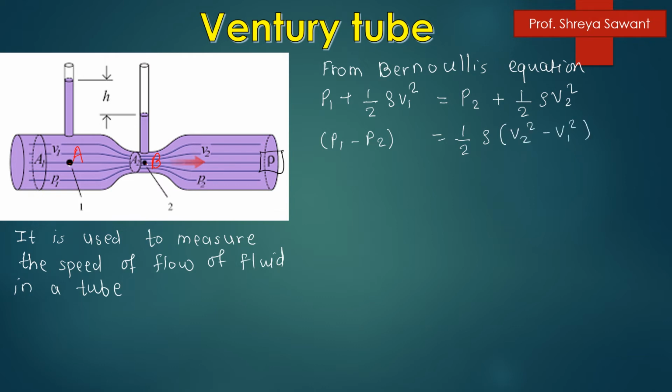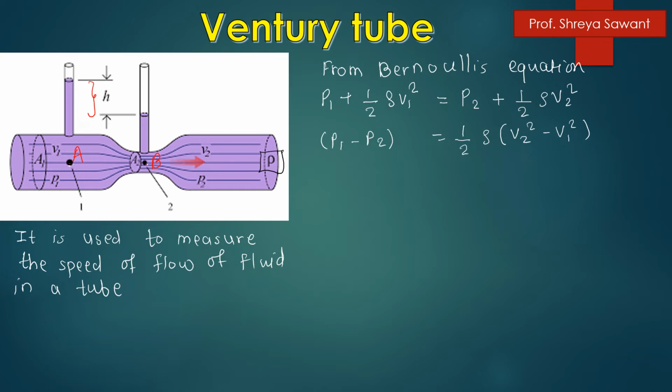Okay, so you know the pressure difference formula already, because in this Venturi tube there are capillaries present and their height h is given, so we can write the pressure difference, you know that is the h rho g formula.